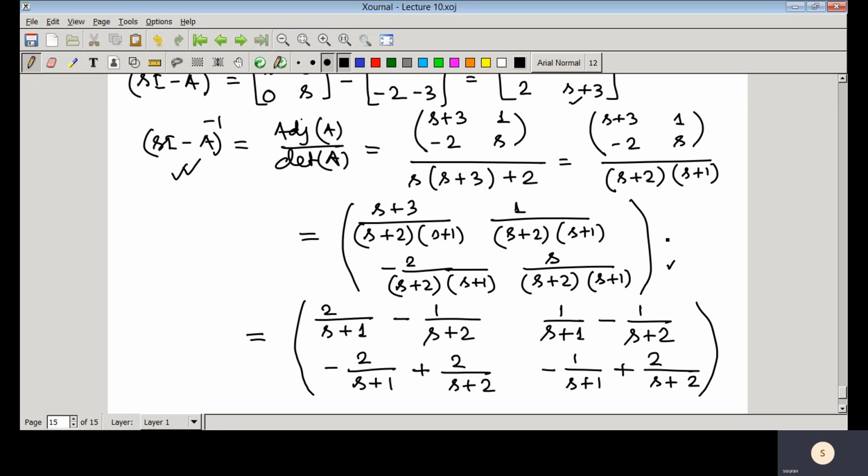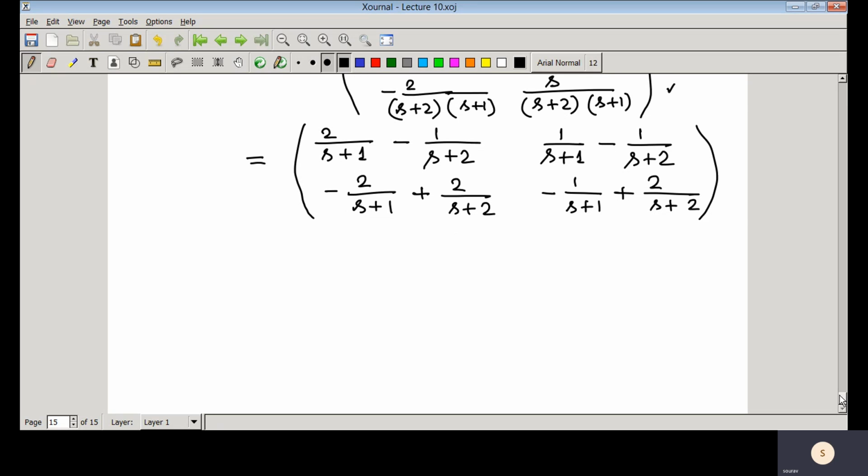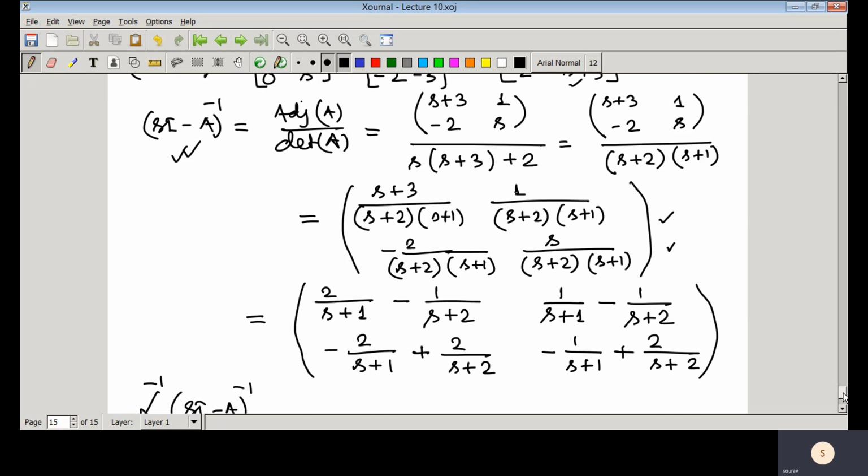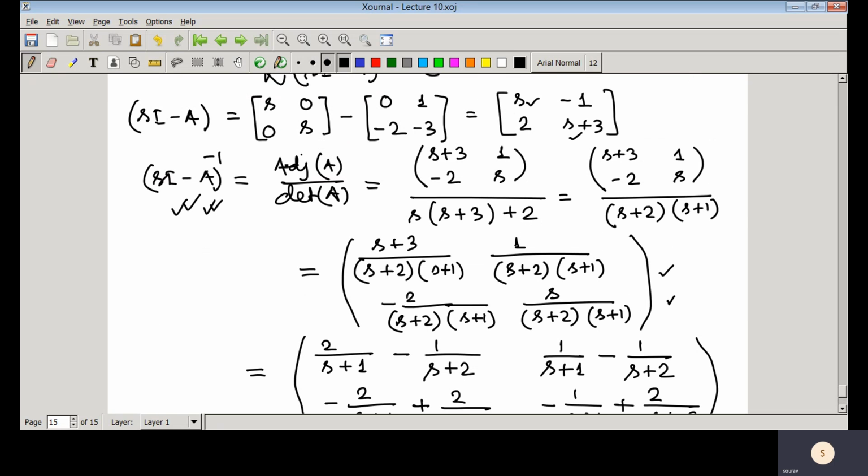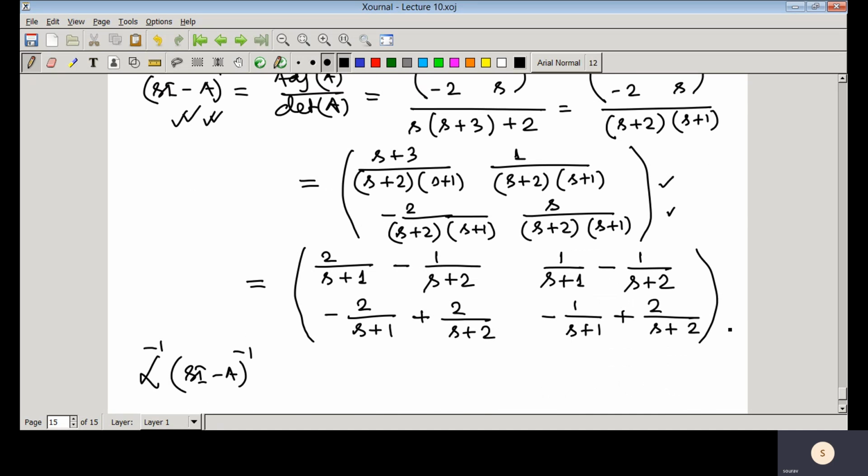That means this particular matrix can be written in this partial fraction form. So now what is the Laplace inverse of (sI minus A) inverse? If you take the Laplace inverse of that, you know that this is e to the power At. So you need to take the Laplace inverse of each term. There are 4 terms.